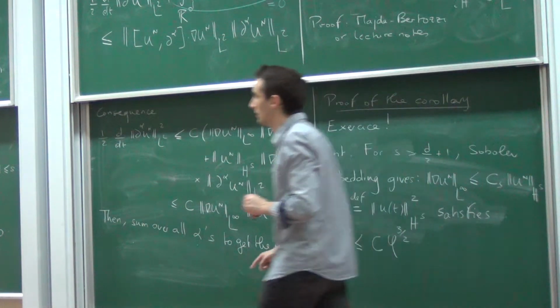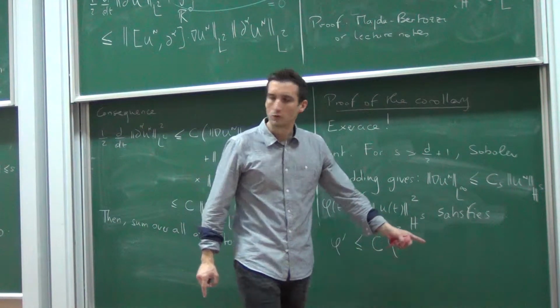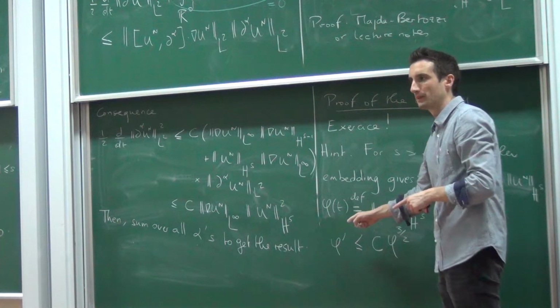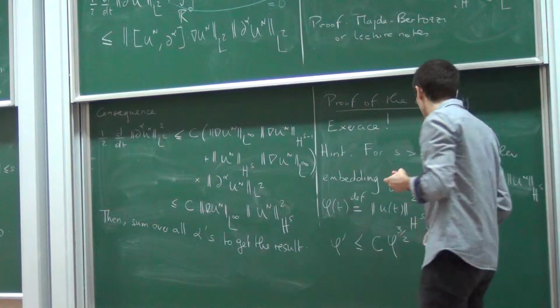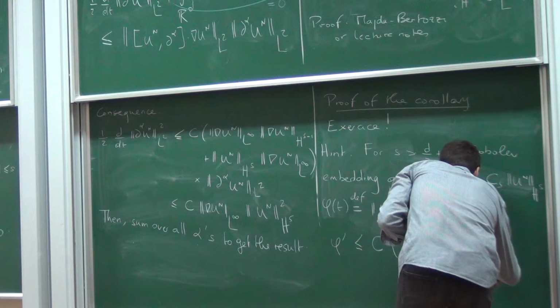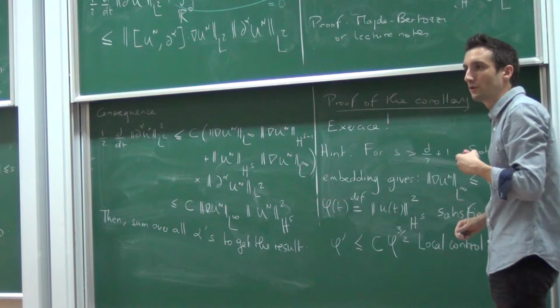Right? Because here I will have phi, and when I use the Sobolev embedding, I have the Hs norm cubed. So the square is to the power of 3/2. So you have this inequality implies this kind of inequality, and you know that for this ODE you have a local control in time. So that's why you can get from here the uniform bound, uniform control locally in time.